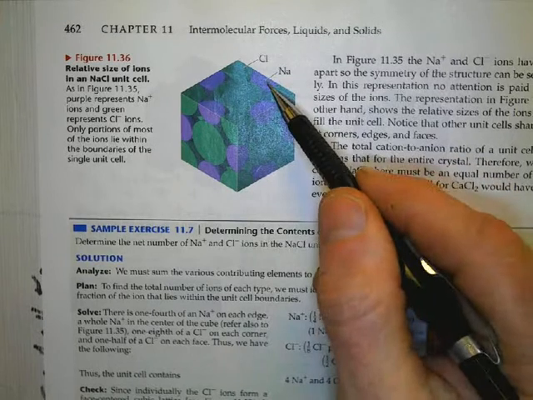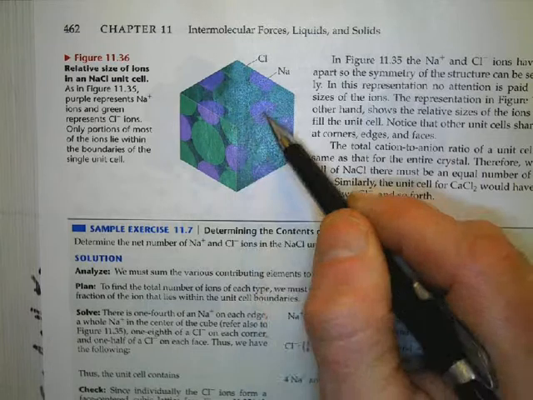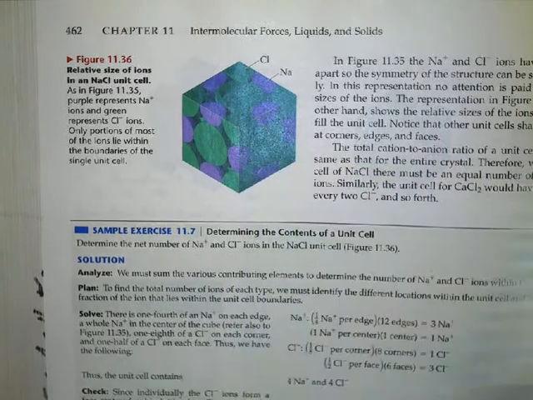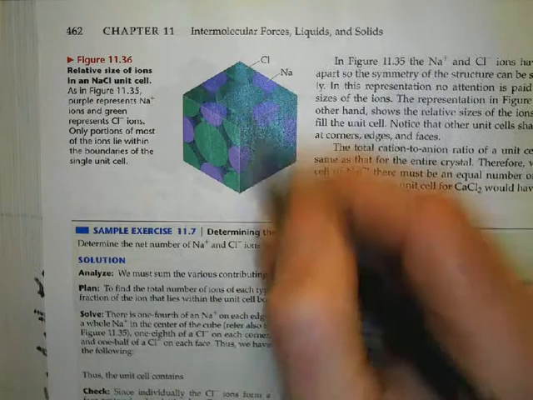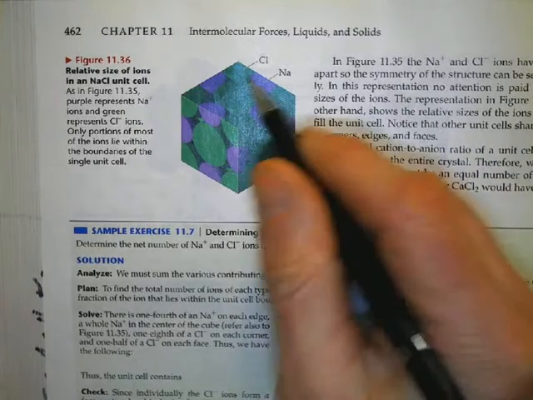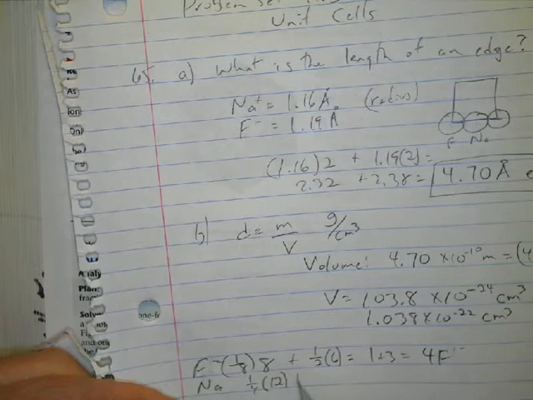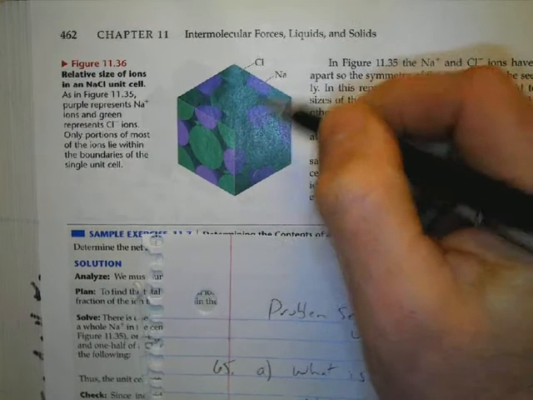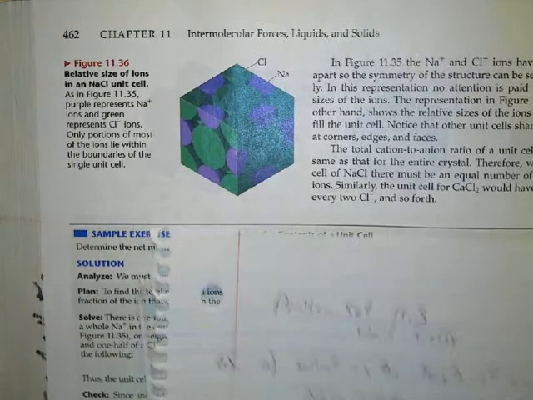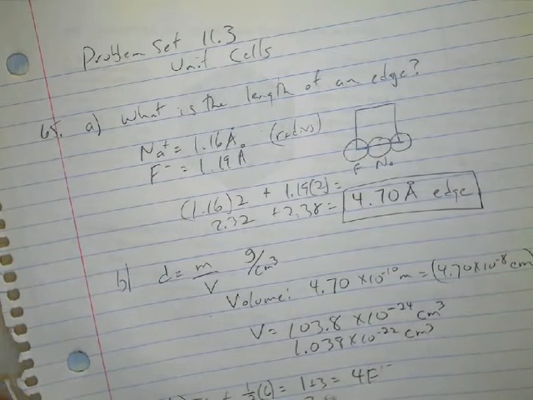On this edge, there's 1, 2, 3, 4, but you'll notice that's a quarter of a sphere, so that's 4 times a quarter, and then the top and the bottom, and these right here, so that's really 12 times 1/4. So 1/4 times 12 plus, now what you don't see, and this is a trick because it caught me at first, inside the very middle of that there's 1 sodium ion, so that's 1 more sodium ion, and so that turns out to be 3 plus 1, so there are 4 sodium ions.